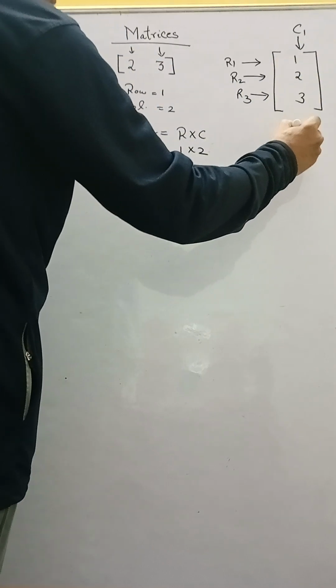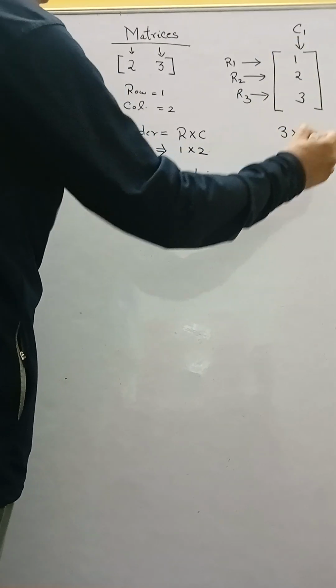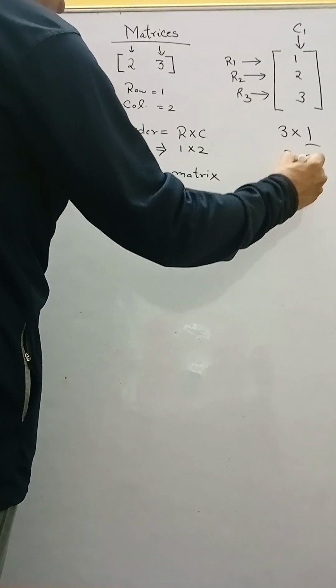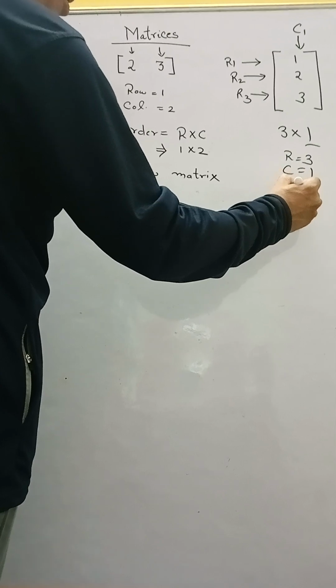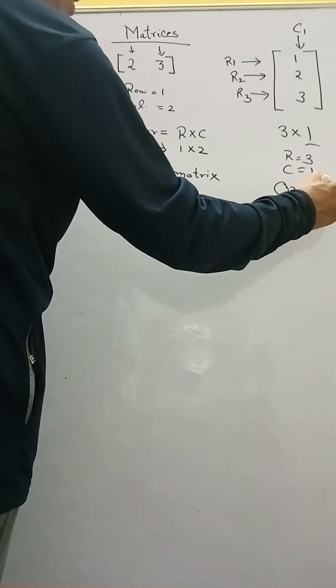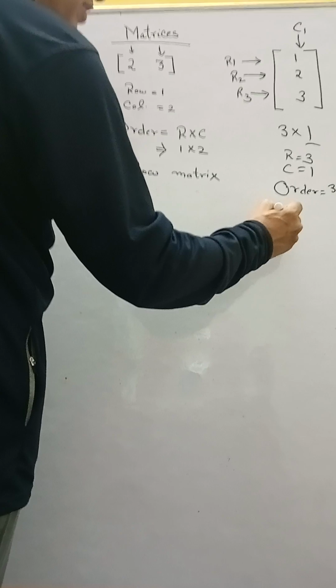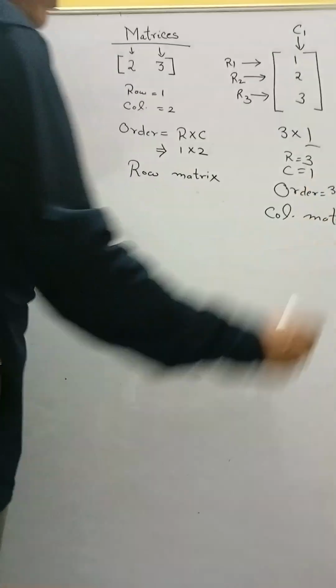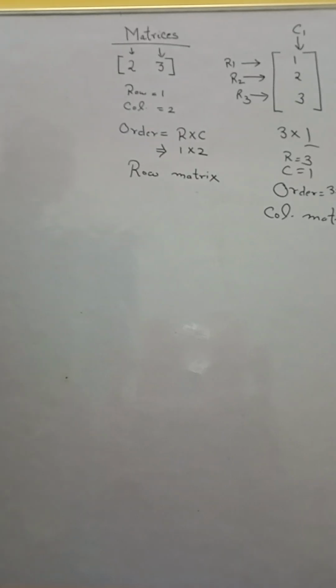So it is a 3 by 1 matrix, only one column. So rows are 3, columns are 1, order will be 3 by 1, and such a matrix is known as column matrix. So you know now what is a row matrix and what is a column matrix.